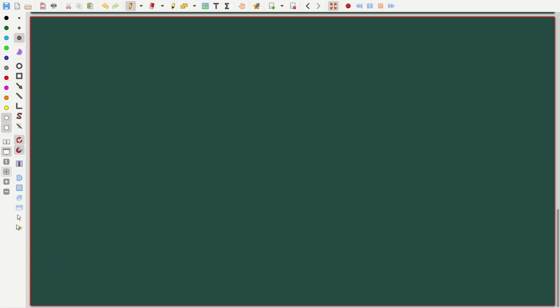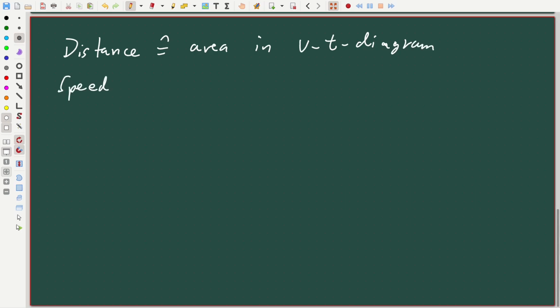So what these equations actually say is that distance is equal to the area in a VT diagram and that speed is equal to the area in an AT diagram.